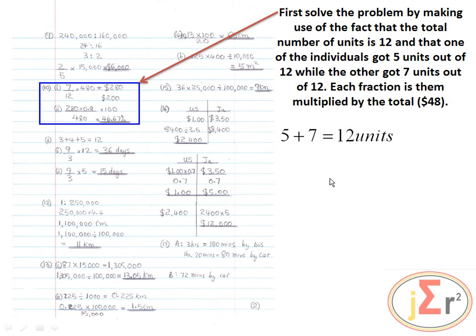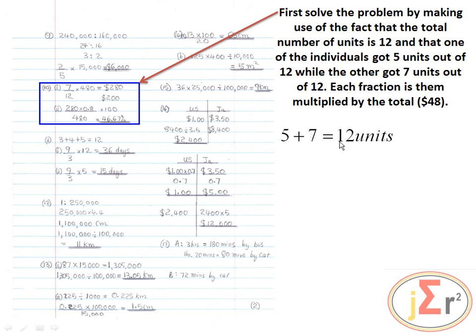First, solve the problem by making use of the fact that the total number of units is 12, and that one of the individuals got 5 units out of 12, while the other got 7 units out of 12. Each fraction is then multiplied by the total. So we are thinking that the first person gets 5 units and the other one gets 7 units.